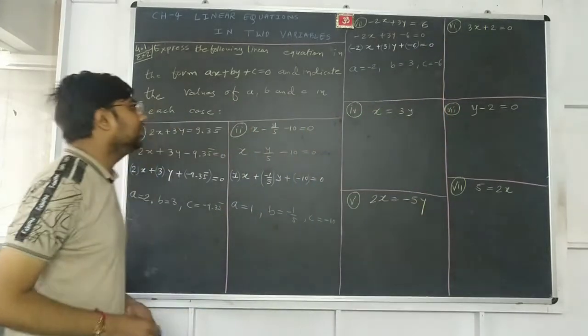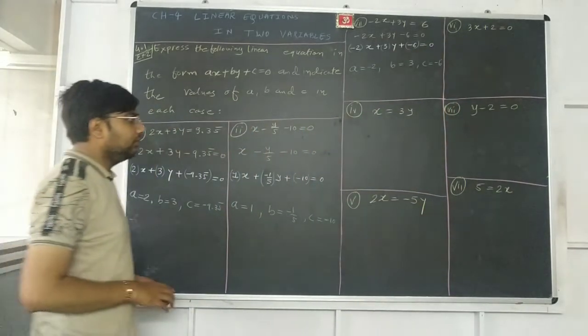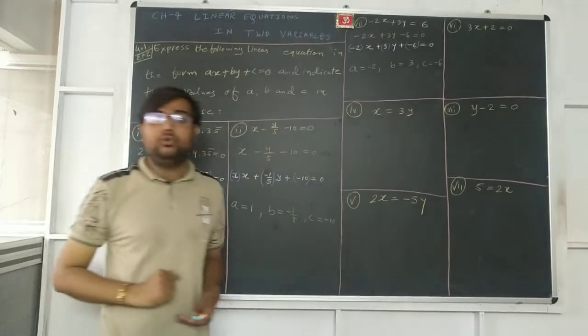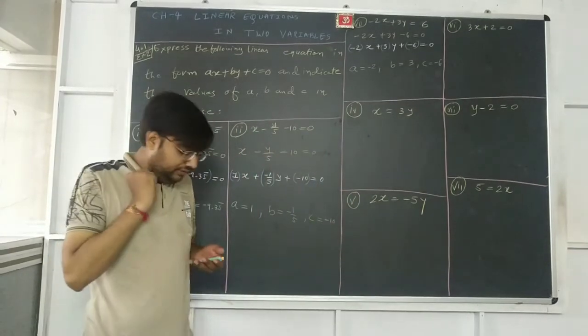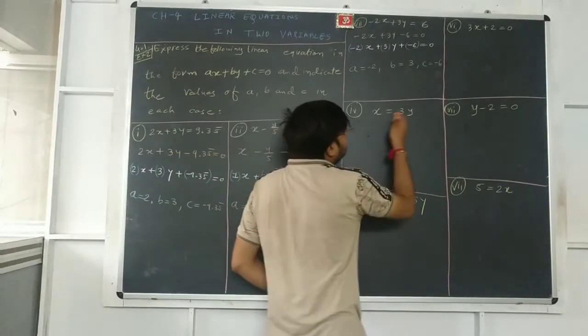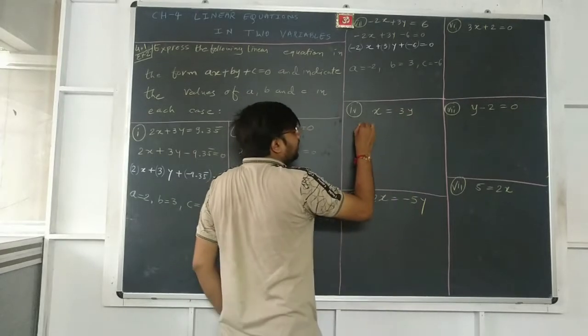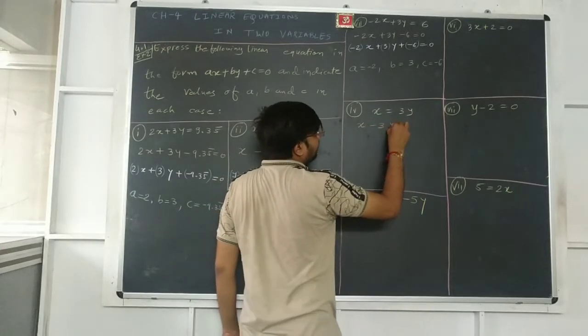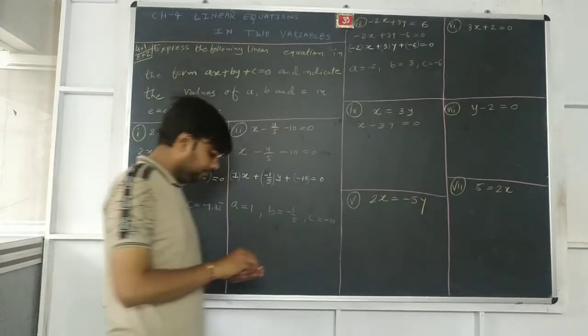We get this answer. Now the fourth one, x is equal to 3y. So x is equal to 3y; the 3y goes to the left hand side as negative, so it is equal to 0.